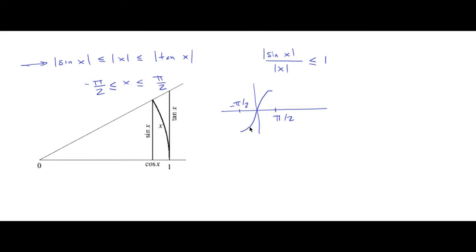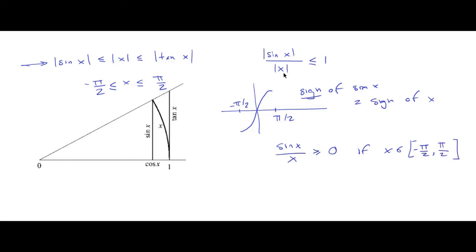You can see that the sine of x has the same sign as x. When x is positive, the sine is positive. When x is negative, the sine is negative, right? So we can rewrite it like this: sine of x over x is greater than 0, because when both of them are negative, the quotient is positive, if x is between minus pi over 2 and pi over 2, right?